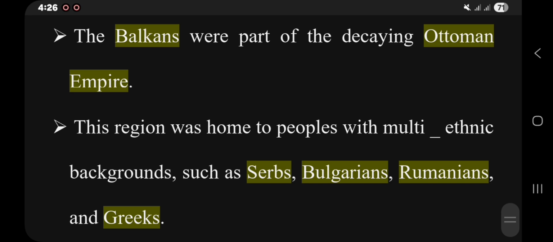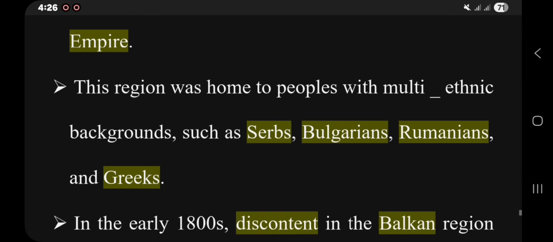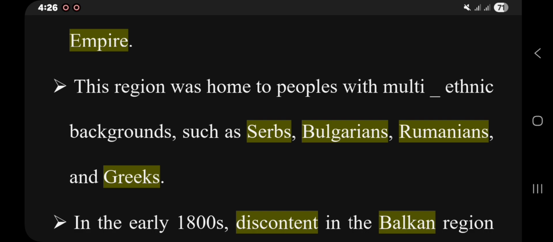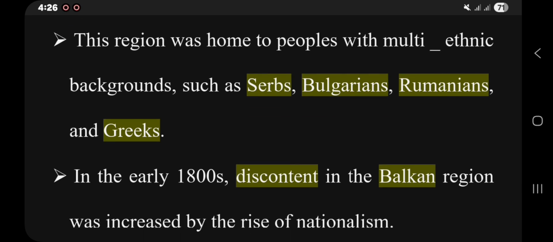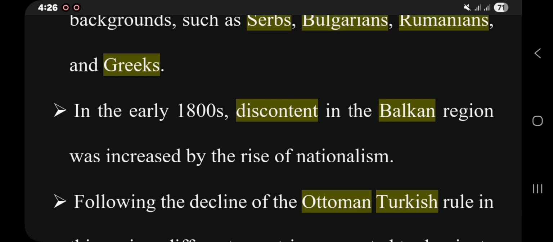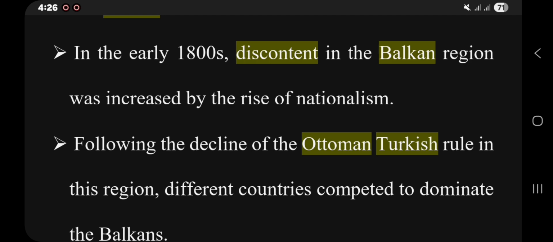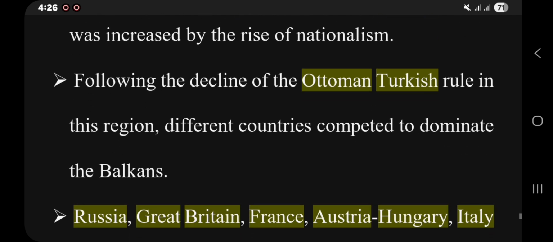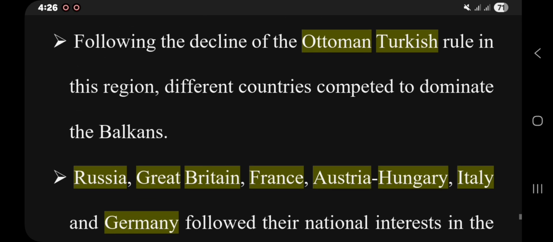This region was home to people with multi-ethnic backgrounds such as the Serbs, Bulgarians, Romanians, and the Greeks. In the early 1800s, discontent in the Balkan region was increased by the rise of nationalism, meaning state formation.